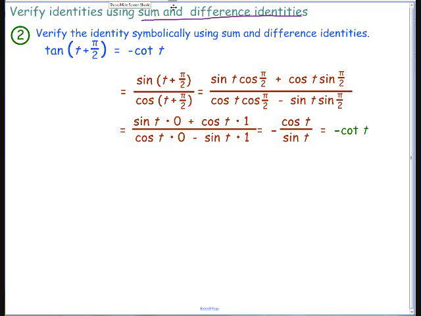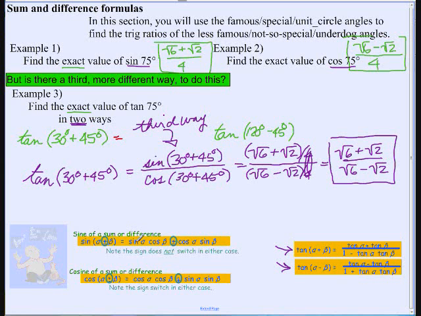Well, first I'm going to use the quotient identity and re-express this as sine over cosine. Now, can I grab this from back here?